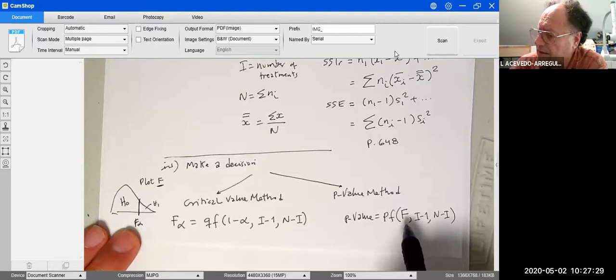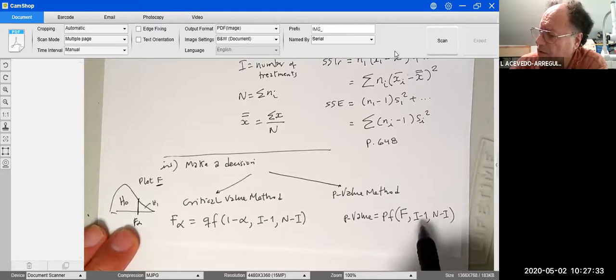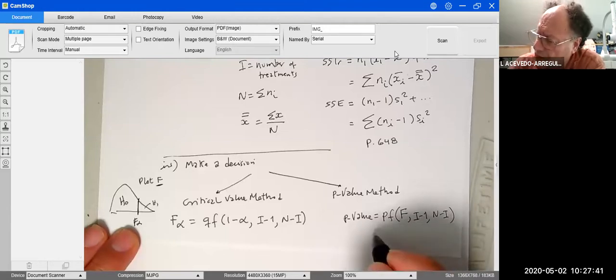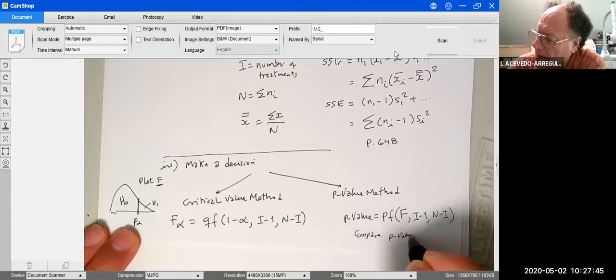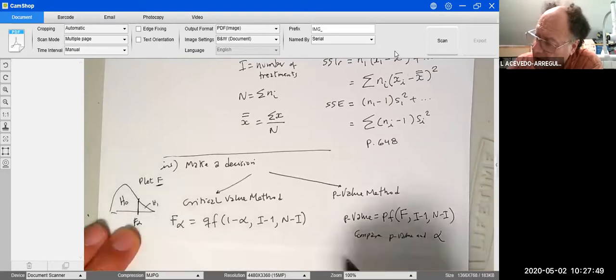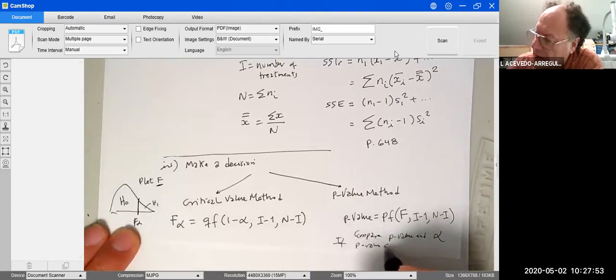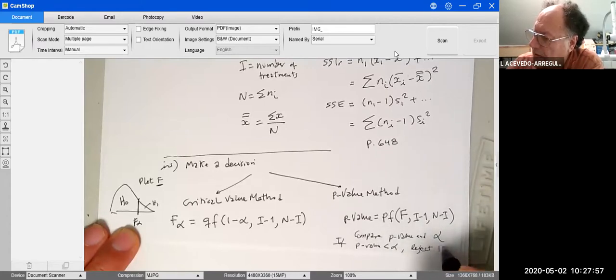You enter the value for f, again the number of treatments minus 1, then the total number of responses minus the number of treatments. And again, you compare your p-value and alpha, and remember, if your p-value is less than alpha, then you reject the null.